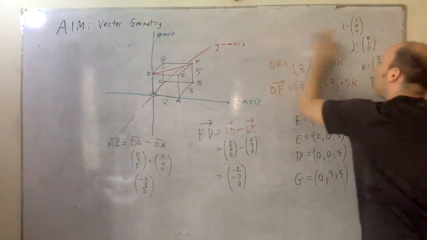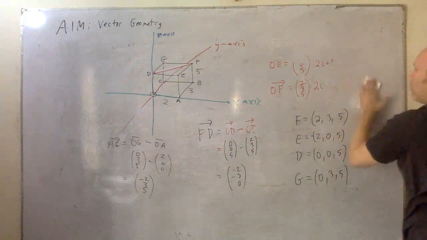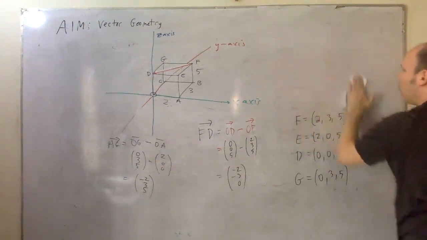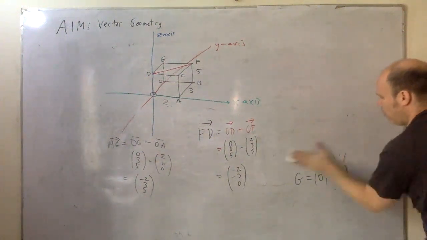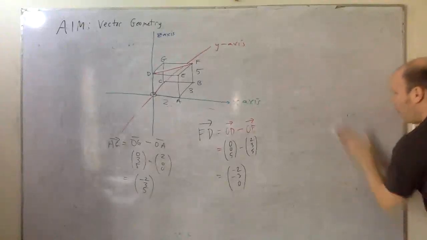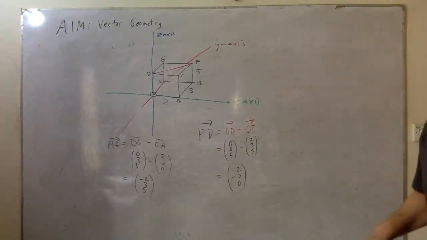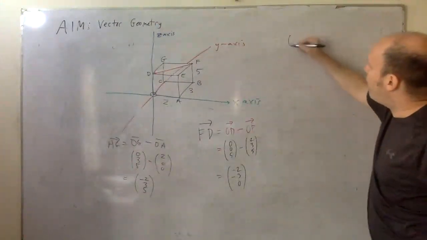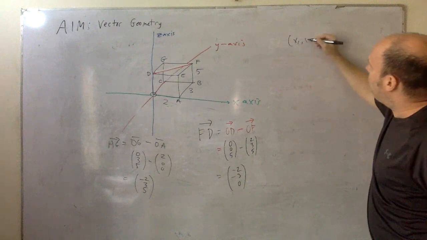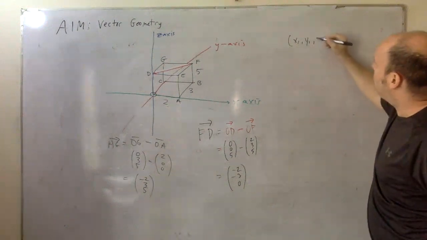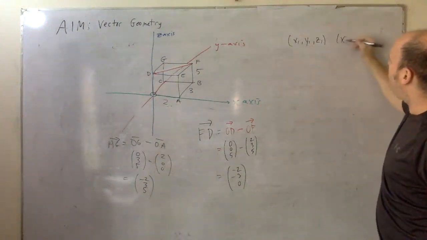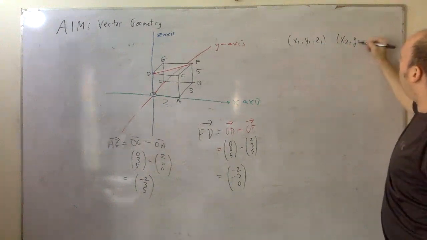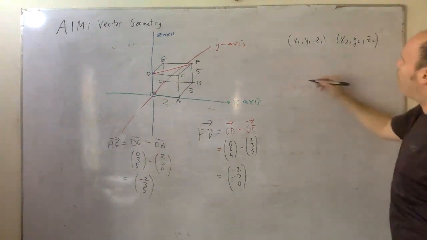Let's just talk about some basic things in 3 space. Let's say we have points x1, y1, z1, and x2, y2, z2.